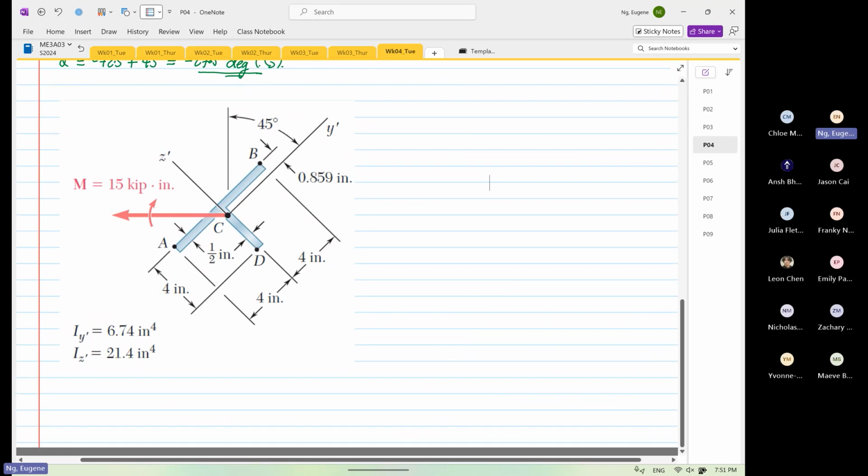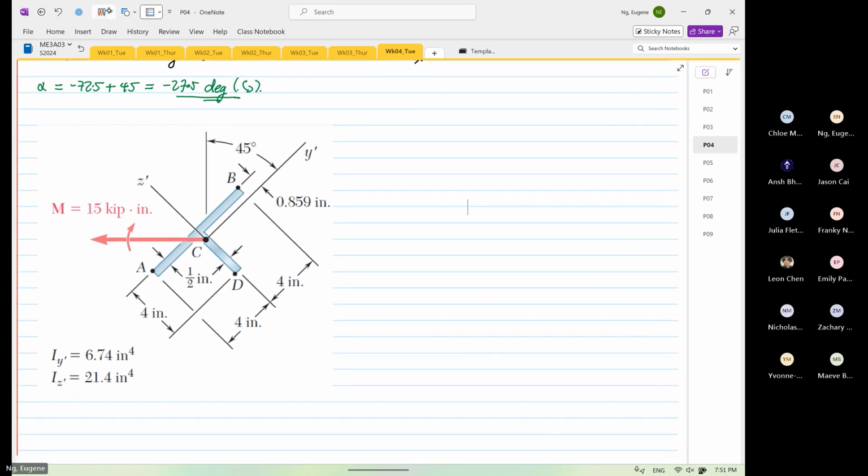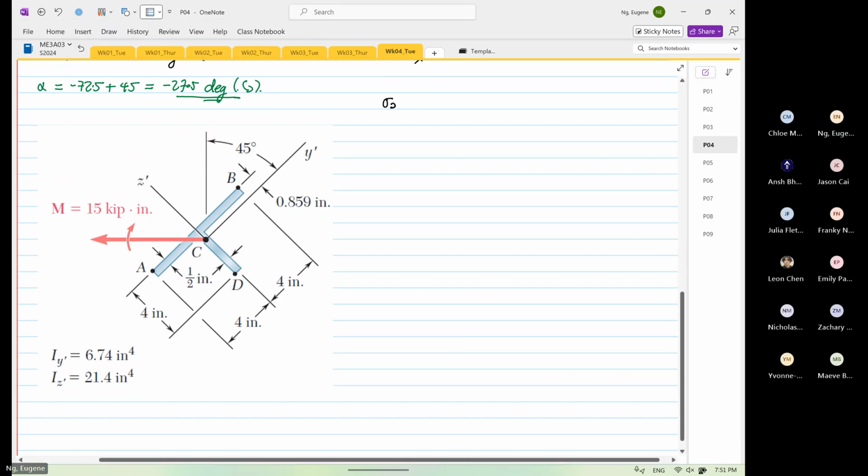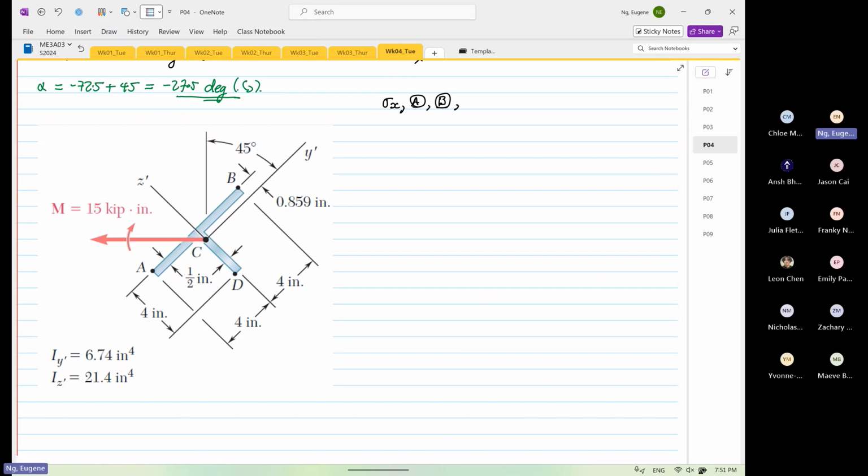So again, next we want to determine the stresses at point A, point B, and we want to find at point D.